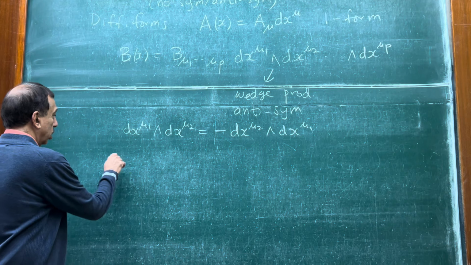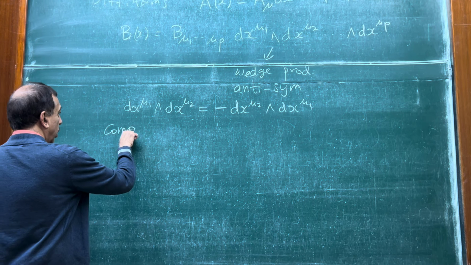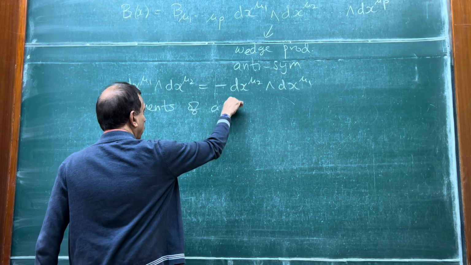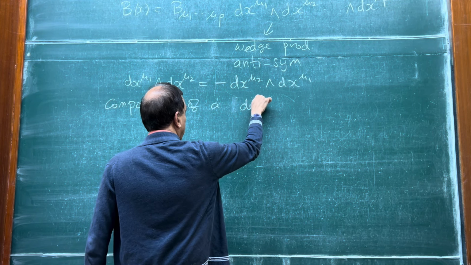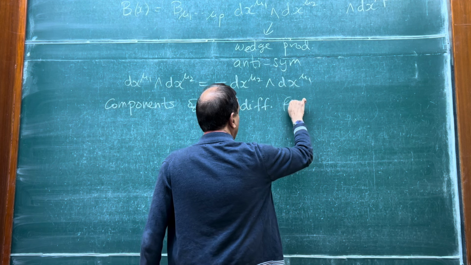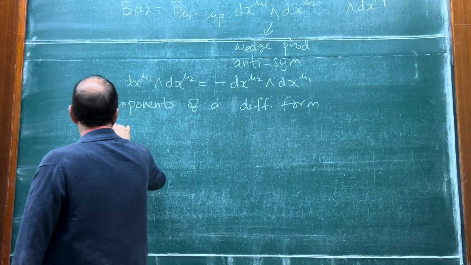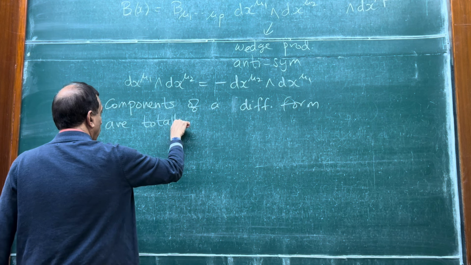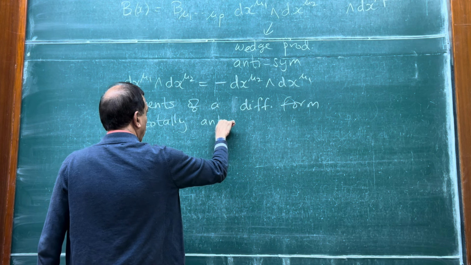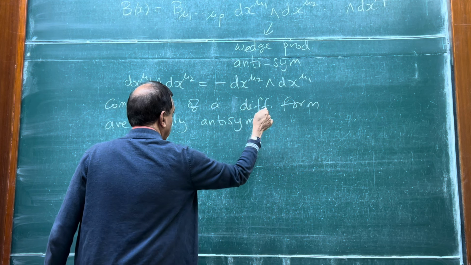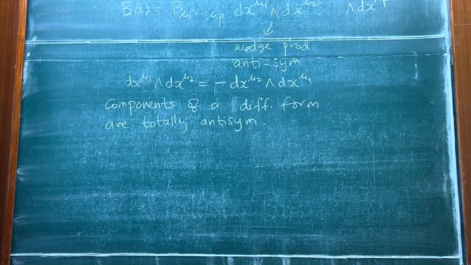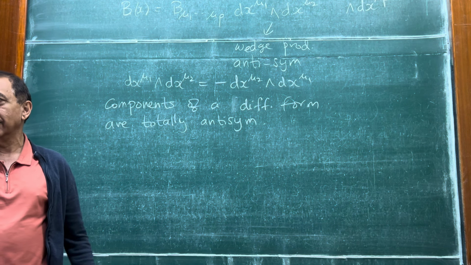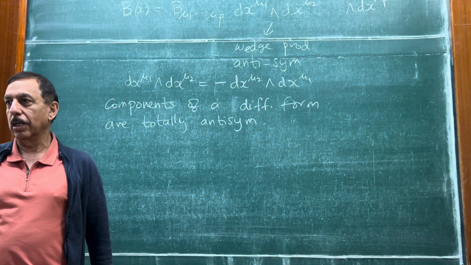So the components of a differential form are totally antisymmetric. Now you could ask, why did we limit ourselves like this? And the answer lies in the usefulness of what is called de Rham cohomology, which is a structure associated to differential forms.